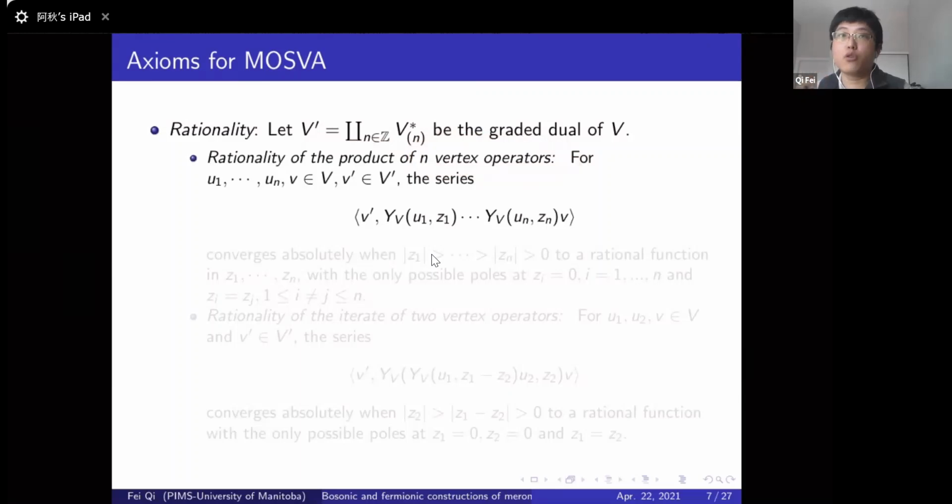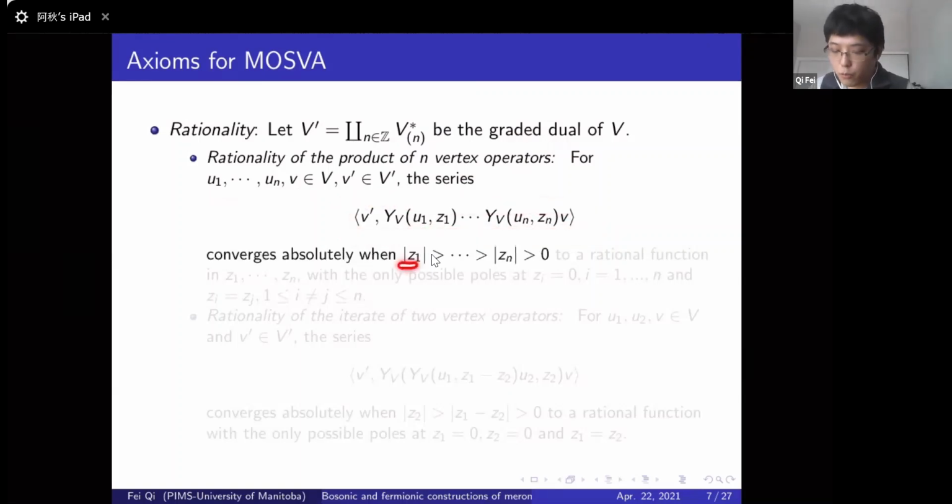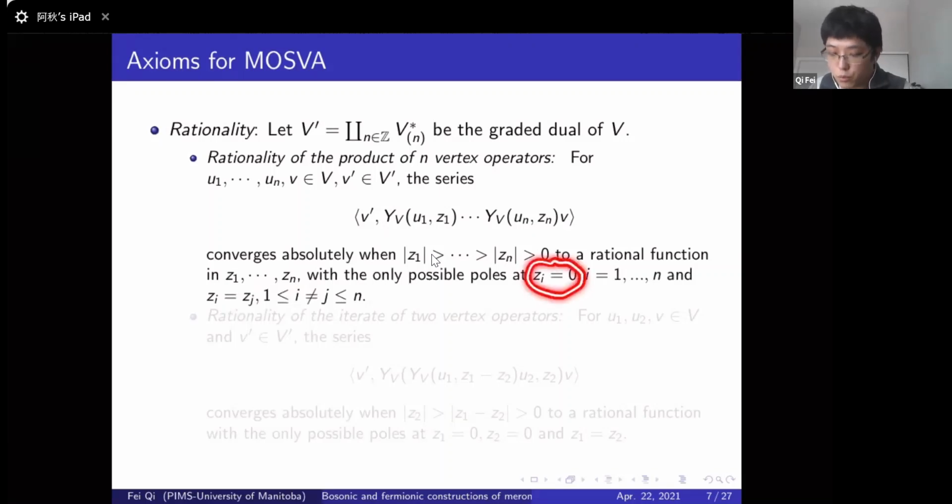For any natural number n, and u1 through un, v, and v prime, the matrix coefficient of the product of the n vertex operators has to converge in the region where the absolute value of z1 is greater than, and so on, greater than the absolute value of zn, greater than 0. And moreover, we require the limit to be a rational function in z1 through zn, with poles restricted to zi equals 0 and zi equals zj.